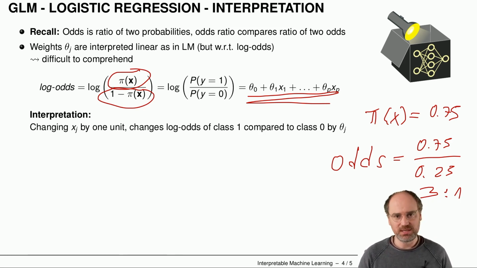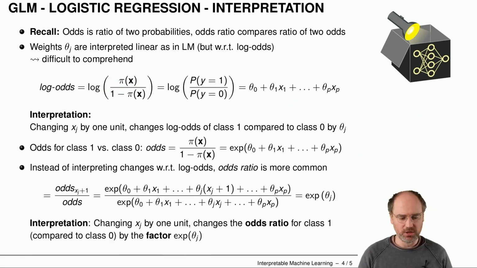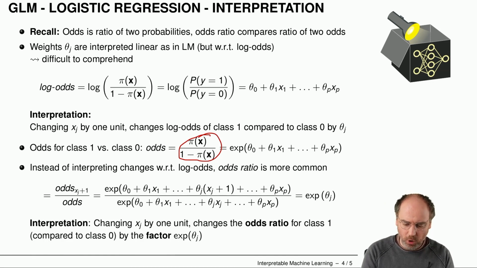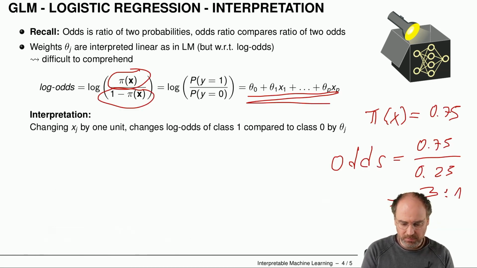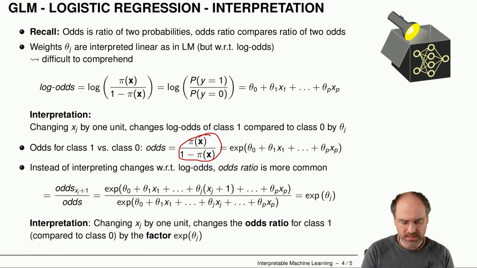Now, this is technically correct, but I guess most of us don't really like to think in log odds. So we go one step further, and we can take a look at the odds ratios. If the log odds can be written in this linear form, we can say that our odds can be written as exp of this linear form.